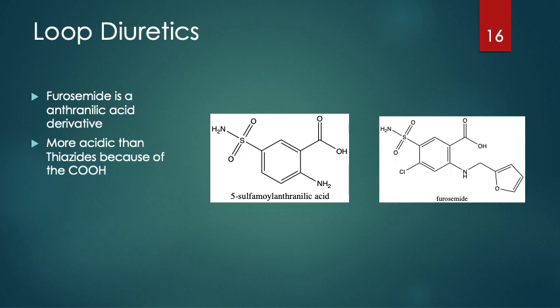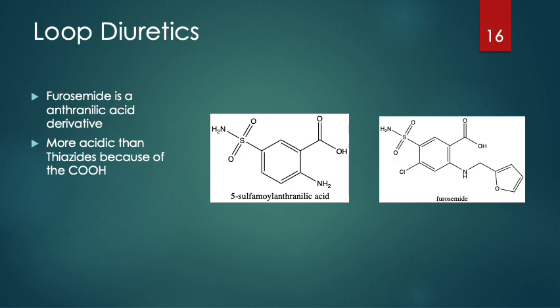Now, let's focus in on furosemide. Furosemide is an anthranilic acid derivative, okay? Now, this structure here is a 5-sulfamoyl anthranilic acid. Anthranilic acid is drawn here, and furosemide is a derivative of anthranilic acid.